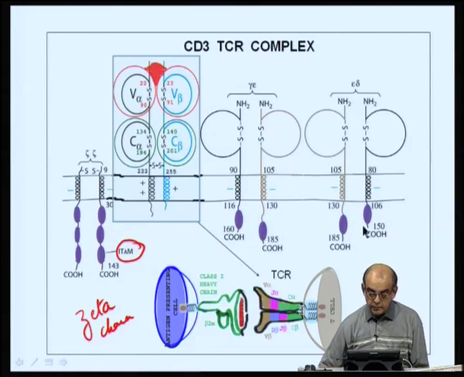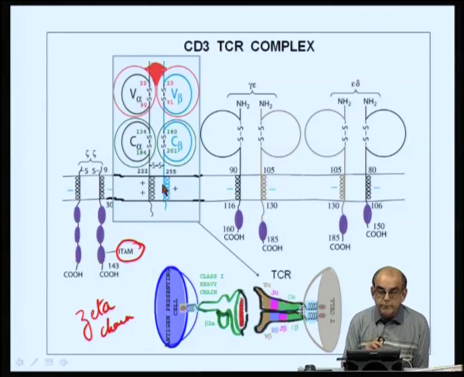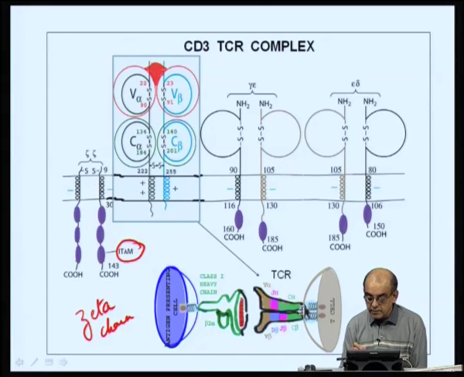So, basically if you look at this antigen binding portion of the T cell receptor, it is represented over here, and this is the T cell shown in brown, and this is the transmembrane portion and the short intracytoplasmic segment that is found over here.